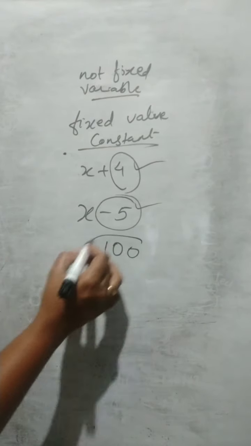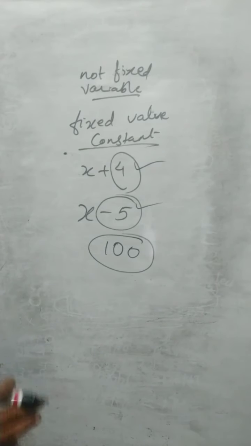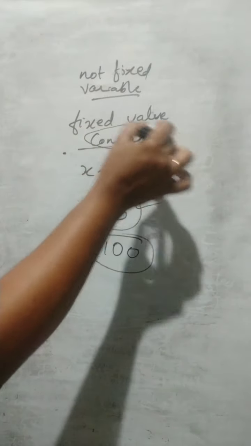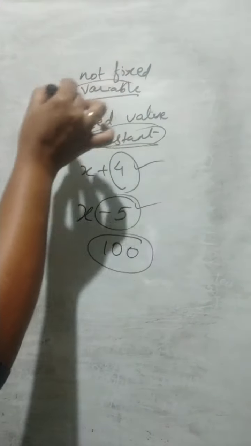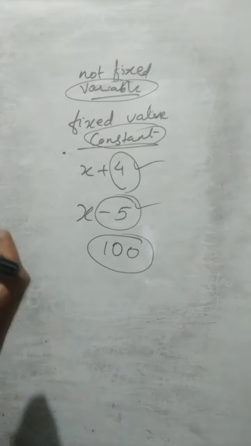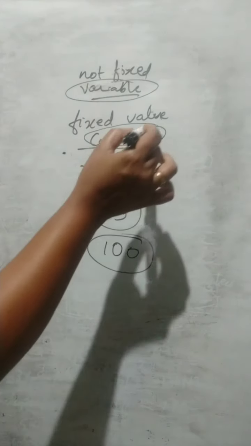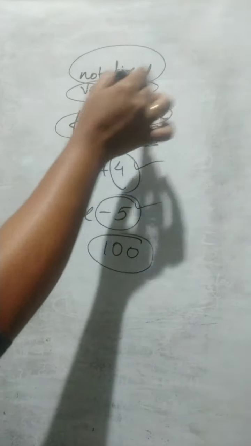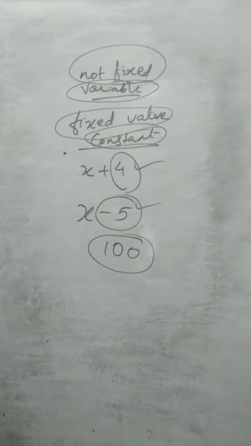Then 100. It has a fixed value. 100 is always 100 itself. Negative 5 is always negative 5 itself. So, that is the constant. A variable can change its value according to the statement, but a constant is always constant itself. That has a fixed value. But a variable has no fixed value.